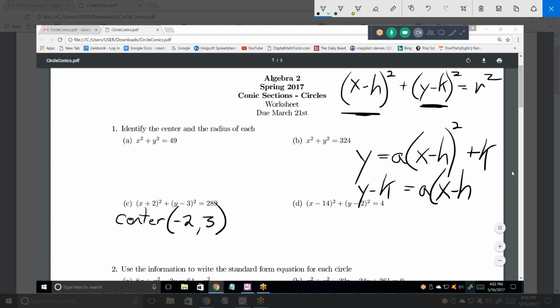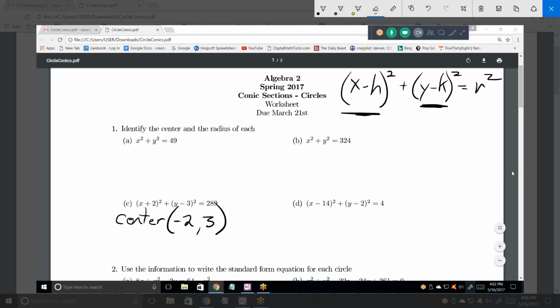It's still minus everywhere. That applies to all four conic sections: parabolas, circles, ellipses, and hyperbolas.